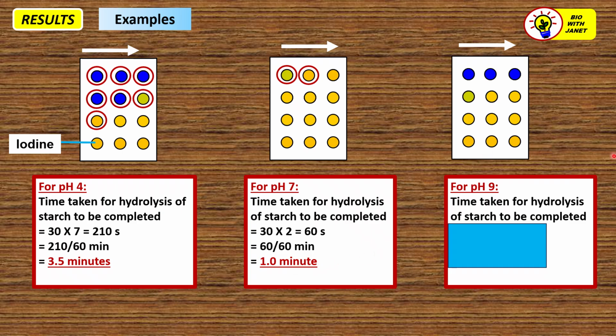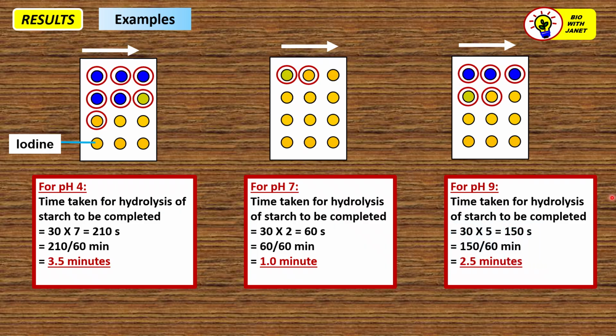Now, for the third set of results, what is the answer for the time taken for hydrolysis of starch to be completed? Again, we circle up all those results that are relevant, until this point here, the first time that the iodine solution remains brownish yellow. So 1, 2, 3, 4, 5.